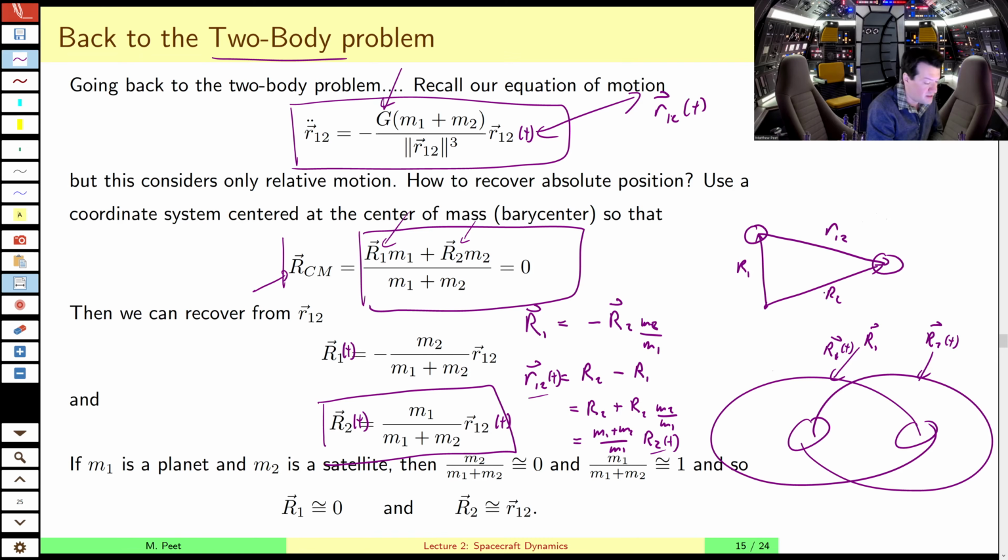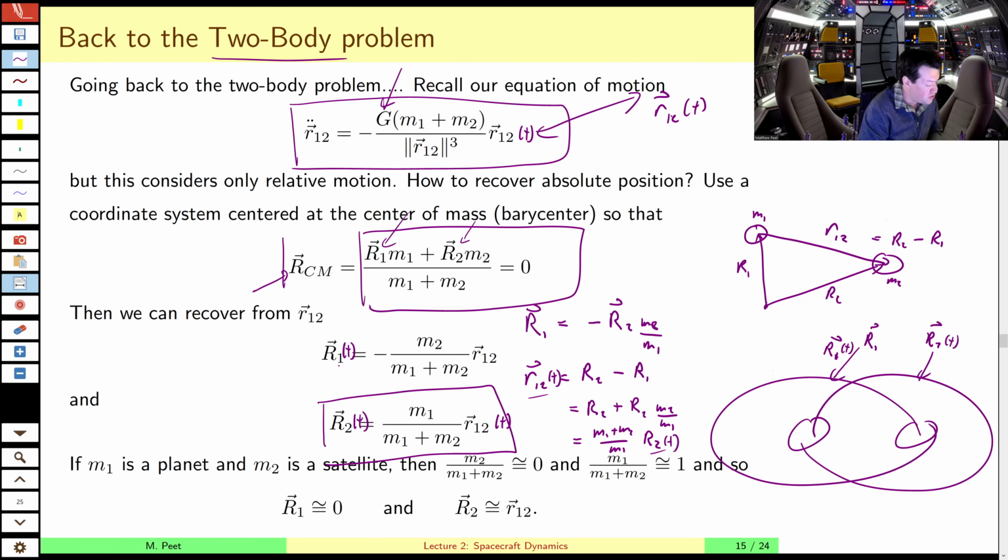It's the position vector of R2 minus the position vector of R1. So it's the position of R2 relative to R1, or relative to the first mass. Using that, we can then deduce the absolute positions of R2 and R1.